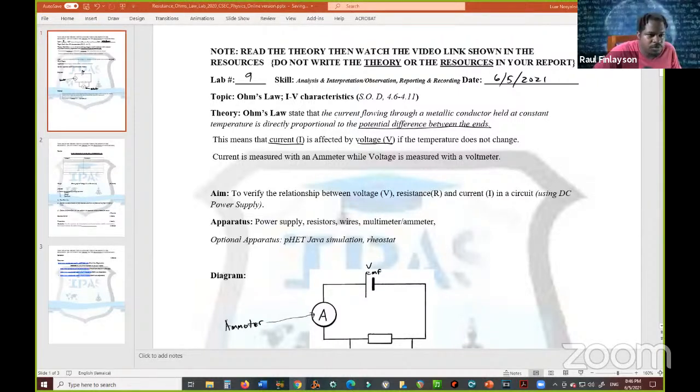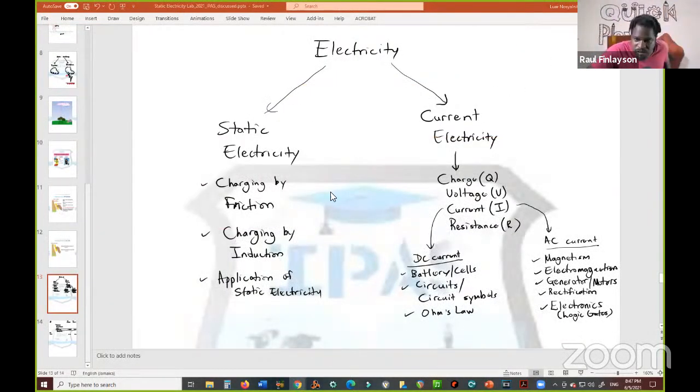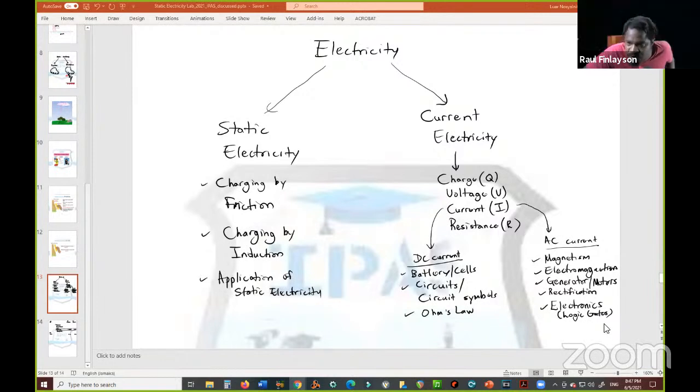So that's it now, guys. I'll send you a lab, send you the link where you can do the virtual lab. And I should send you this to know the topics you need to study for the exam for electricity.